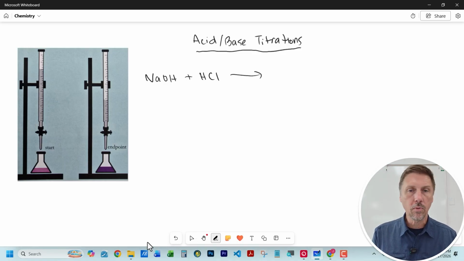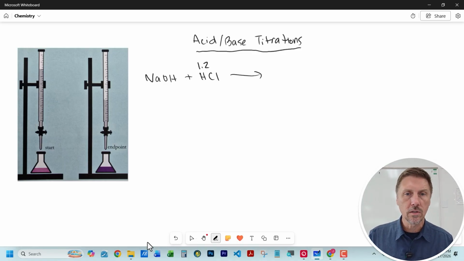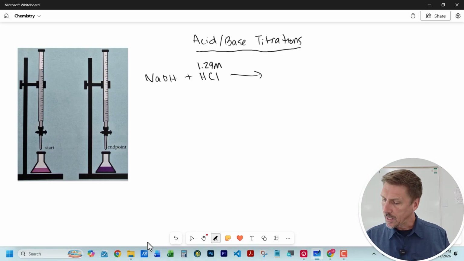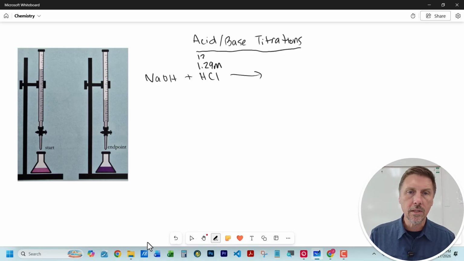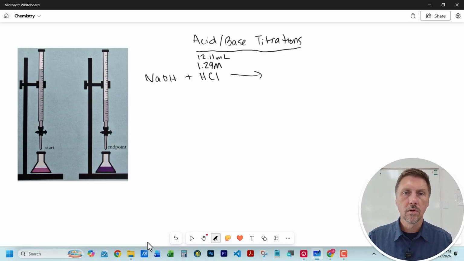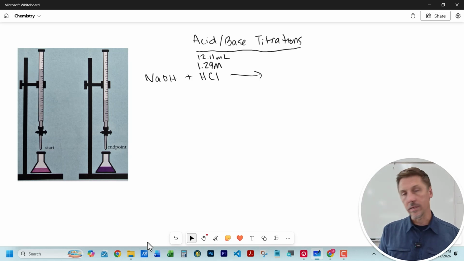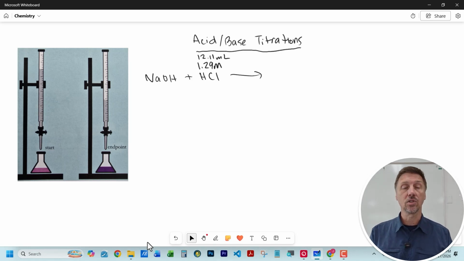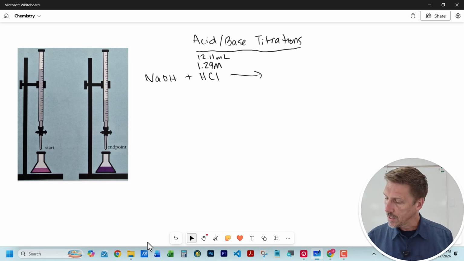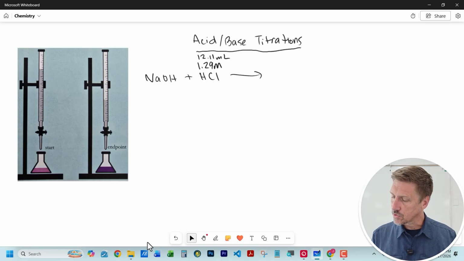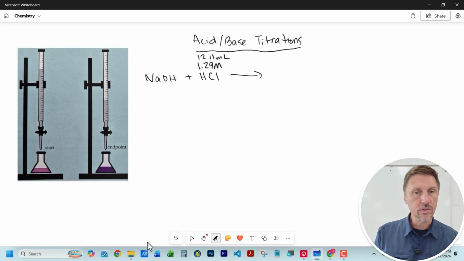It says it's a 1.29 molar solution of HCl, and it takes 12.11 milliliters to reach the end point, which means it took that many milliliters to neutralize the base. And they want to know what is the concentration of the NaOH solution.